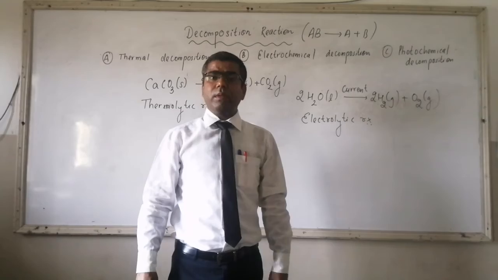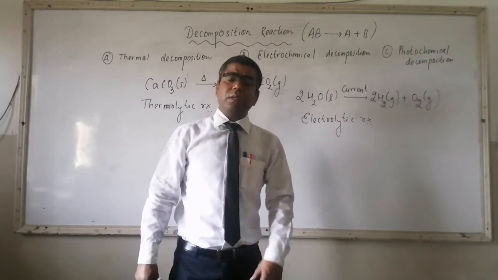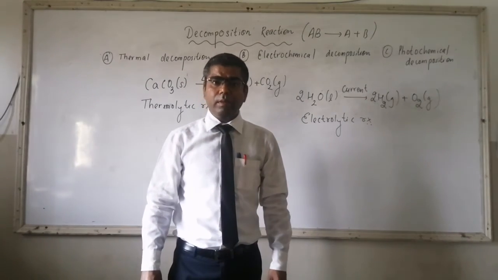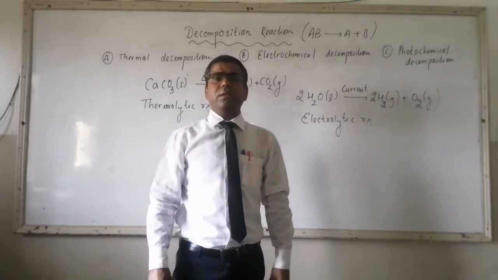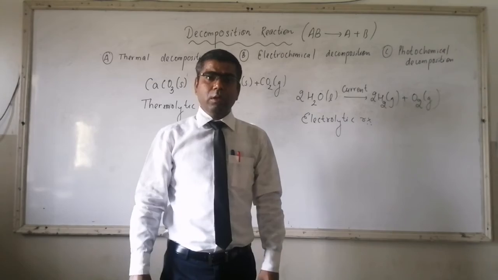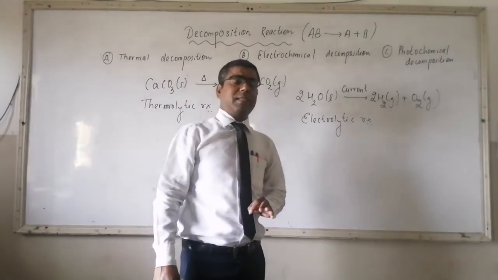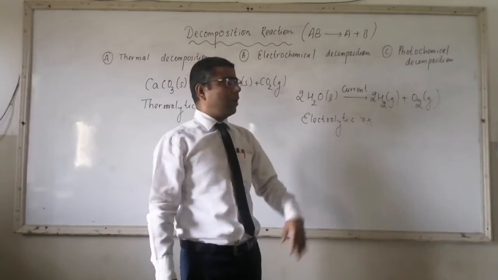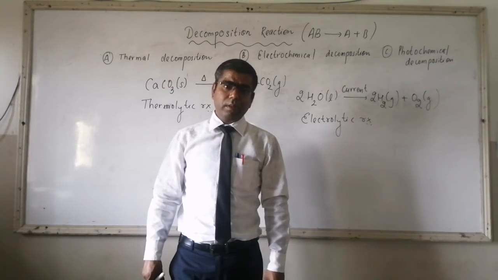On exposure, these compounds undergo breaking down, as a result of which two or more than two products will be formed. So if the decomposition reaction takes place in presence of sunlight, then the reaction is called photochemical decomposition.